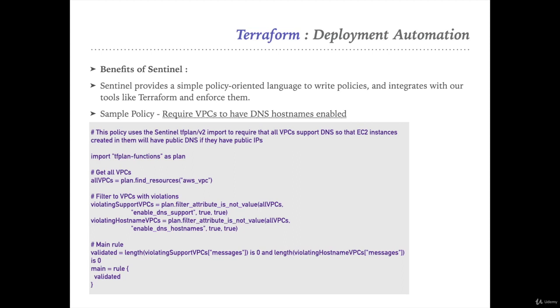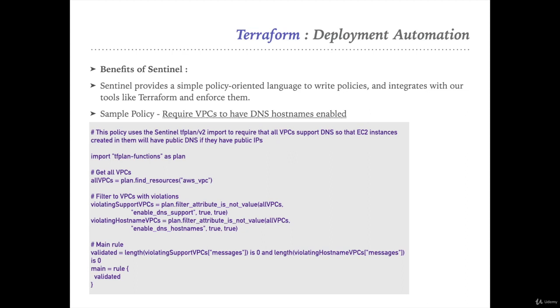For all the VPCs which we have retrieved, enable_dns_support is what we want to support. Then we are putting true. It means all VPCs must have this value true, right? Similarly, for the hostname, we are taking enable_dns_hostnames. That value must be true.